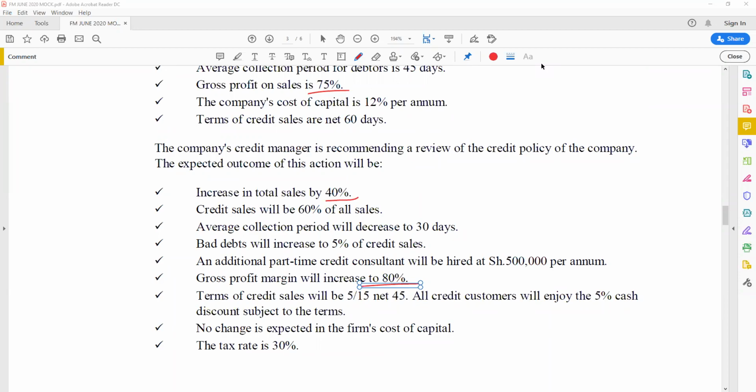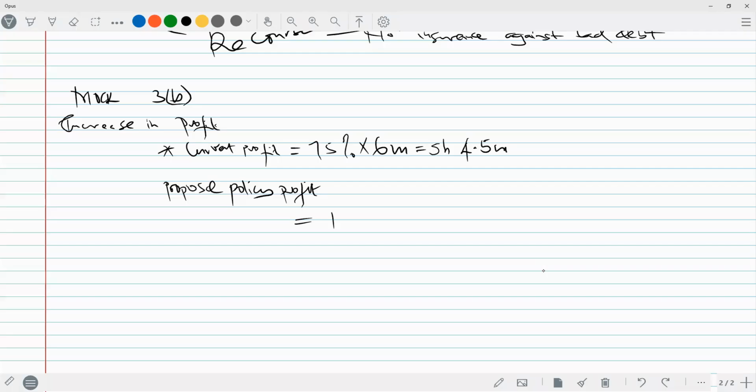So sales will be equal to 140% of 6 million. That gives what the sales will be after the company implements this proposal. 80% of the sales is gross profit, so we multiply by 80%. This is not the net profit, but gross profit, because they're quite different.